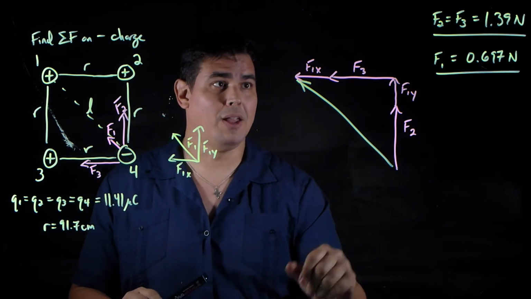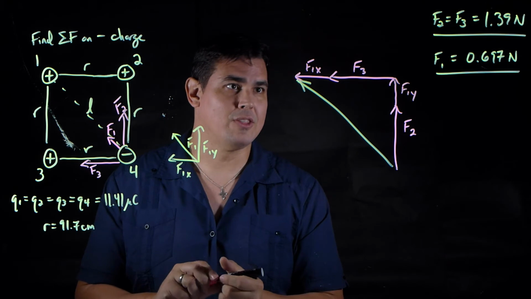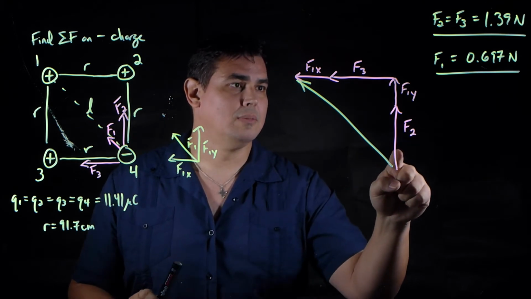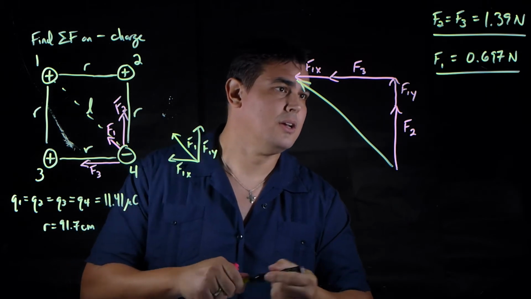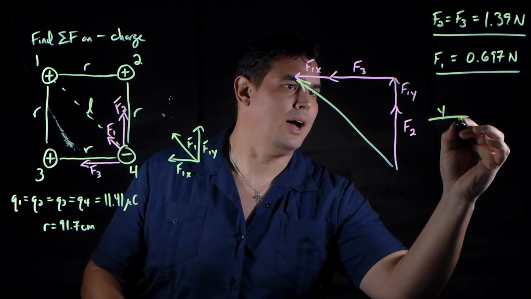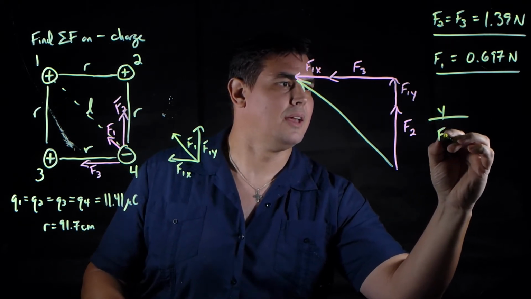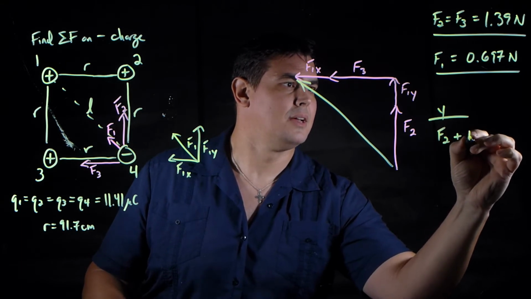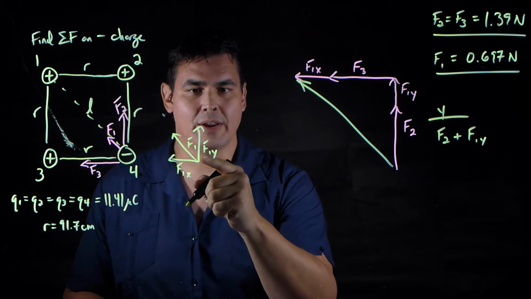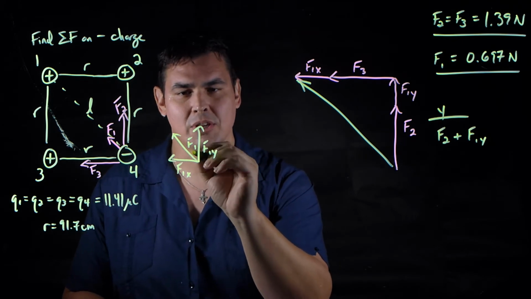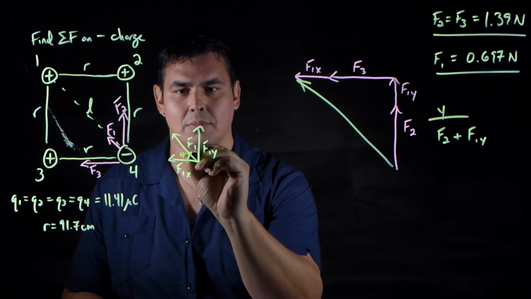So let's just plug in, and then we can use the Pythagorean theorem, right? Let's get all my y's first, okay? So y is going to be F2 plus F1 in the y direction. And over here, remember these two components? I'm just going to call this my 45 degree angle.